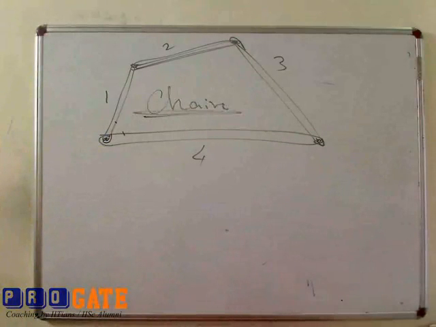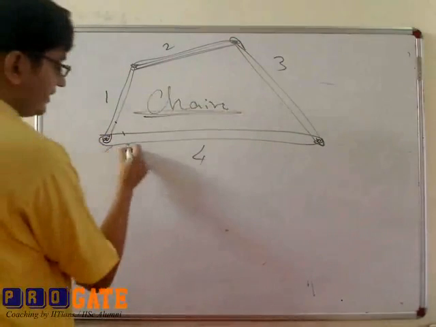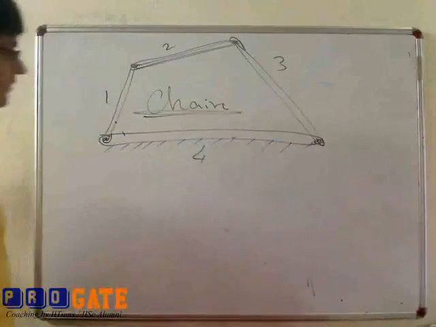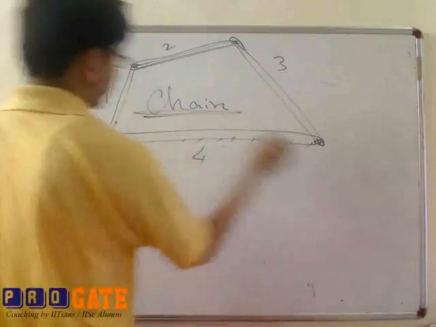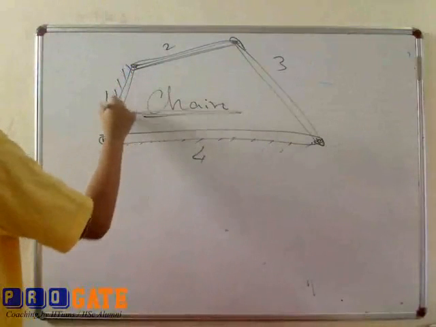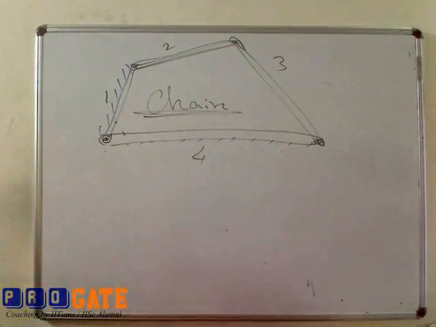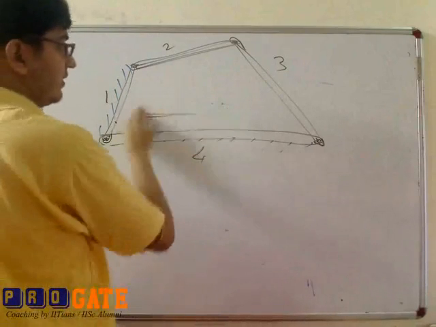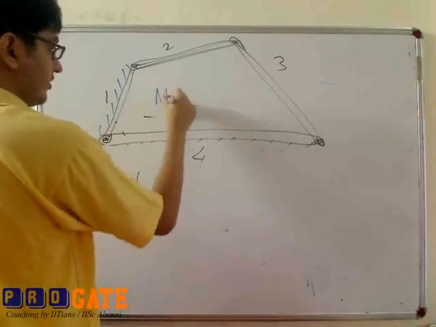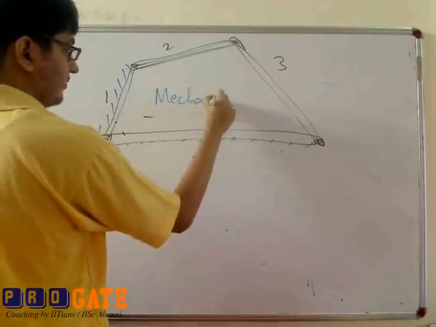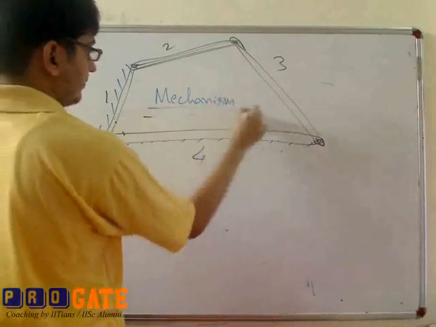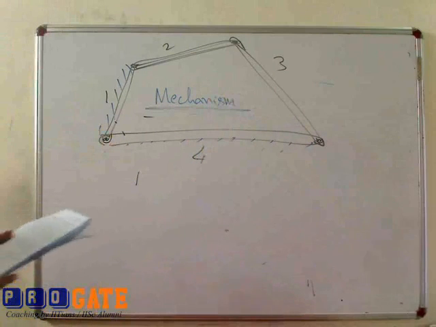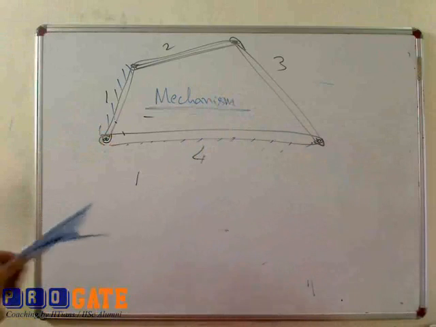Now if you fix one of these links, say you fix this link, or say you fix this link, then this system is no longer a chain, it is known as a mechanism. So this is the difference between kinematic chain and mechanism.